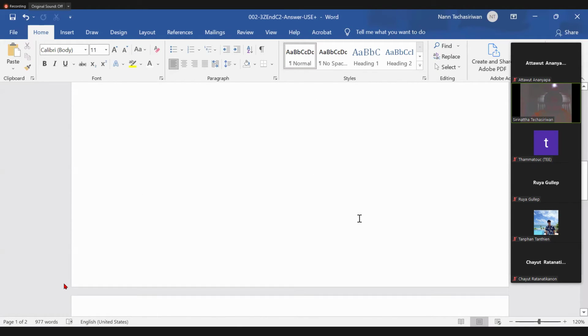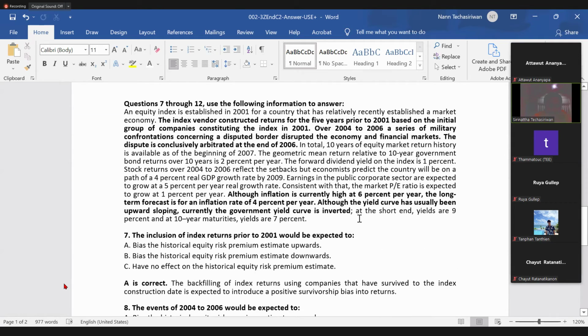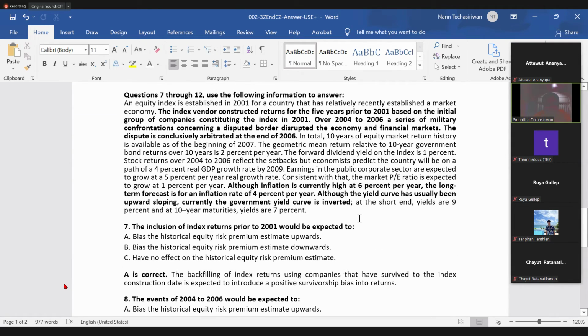The next one. Okay, so this one. Please take about 2 or 3 minutes to read this first. Maybe 3 minutes to read it, and then we can discuss.